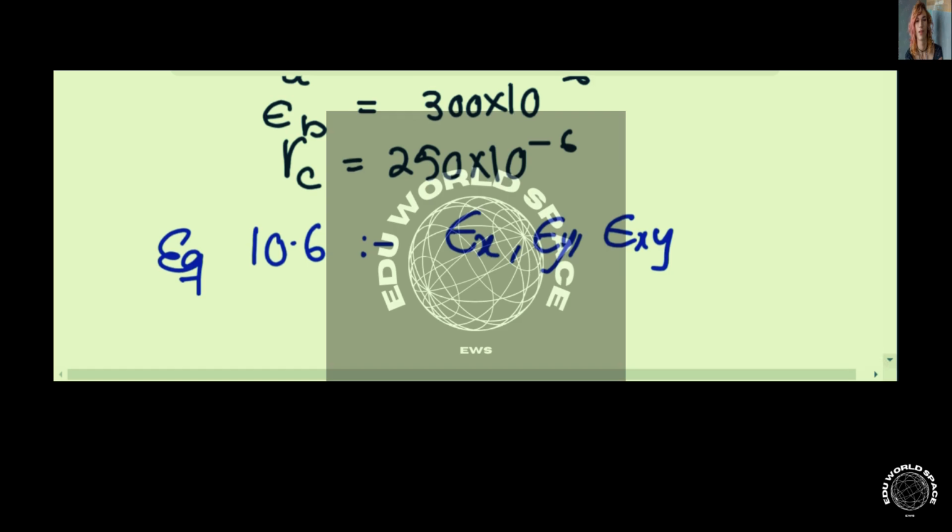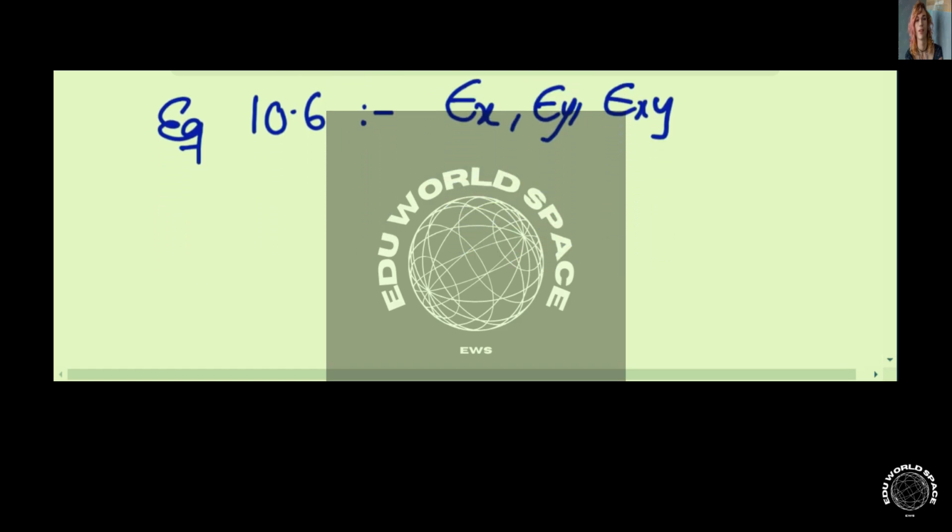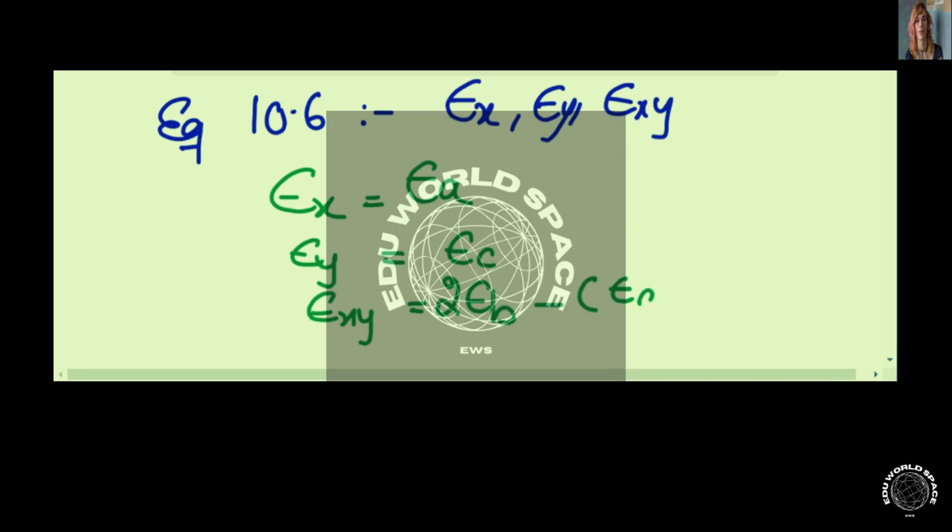Now, because the rosette is arranged in such a 45-degree pattern, then equation 10.8 becomes that epsilon sub x is equal to epsilon sub a, epsilon sub y is equal to epsilon sub c, and epsilon sub xy is equal to 2 times epsilon sub b negative the sum of epsilon sub a and epsilon sub c.